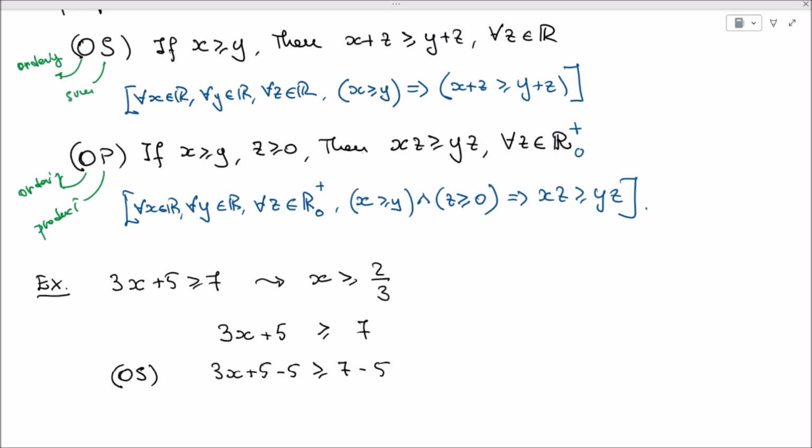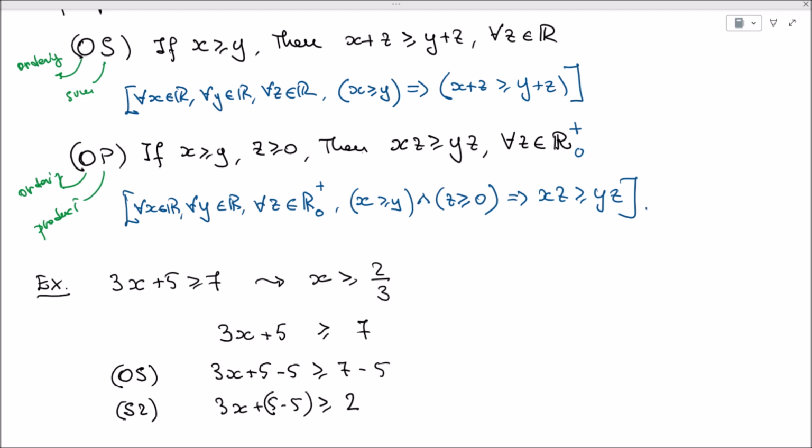And now by using the fact that 5 minus 5 can be calculated first, which is nothing else than S2, the associative property of the sum, we can write that 3x plus 5 minus 5 is larger than or equal to 2. This is what we are left with on the right hand side.